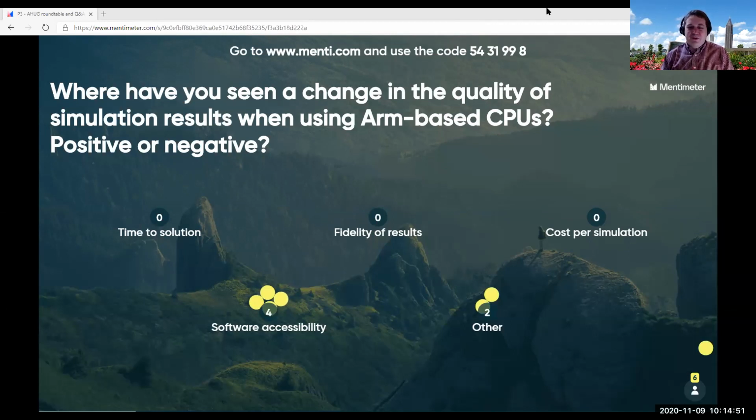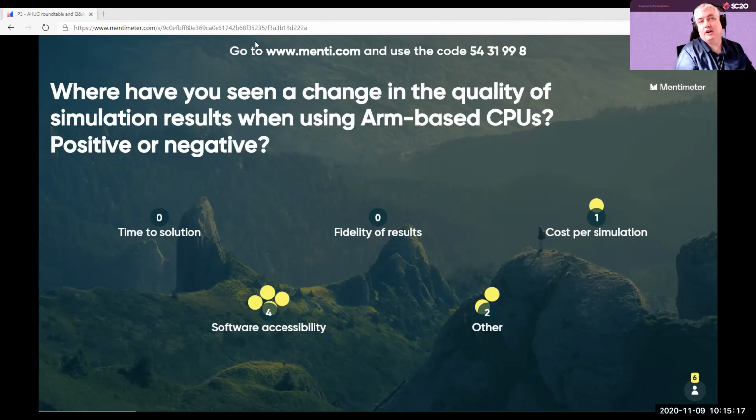You would hope that you'd have very few people that would vote for fidelity or results, because that's saying that potentially previously your results were not high quality on a previous ARM platform, which I don't think is the case.